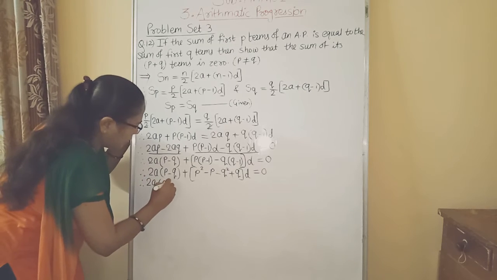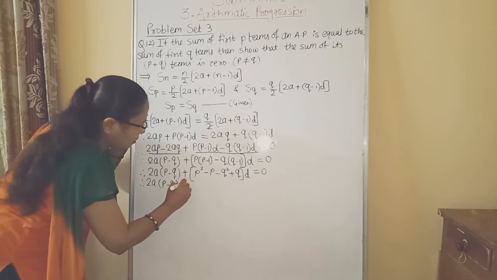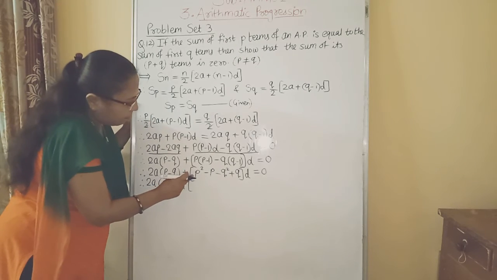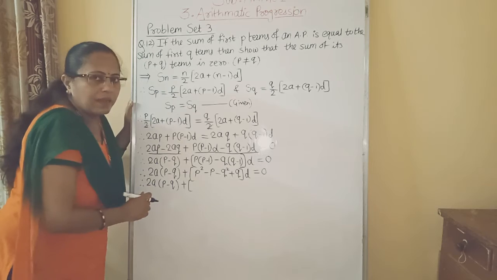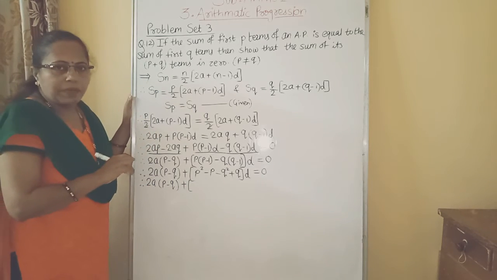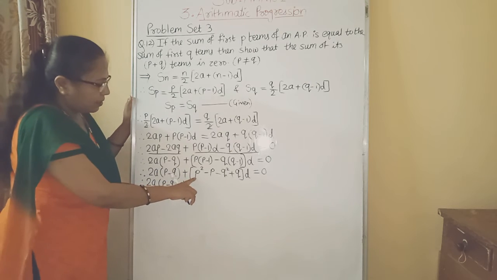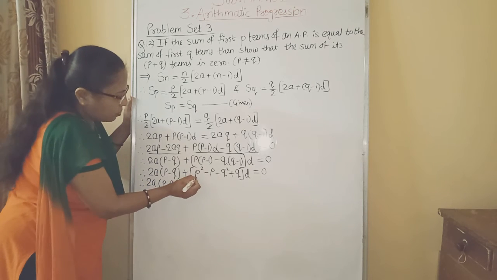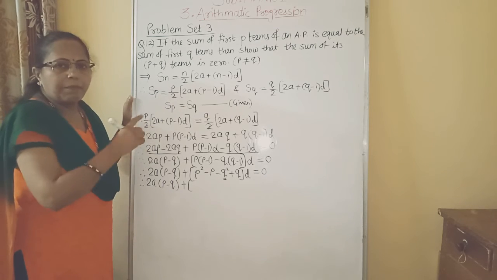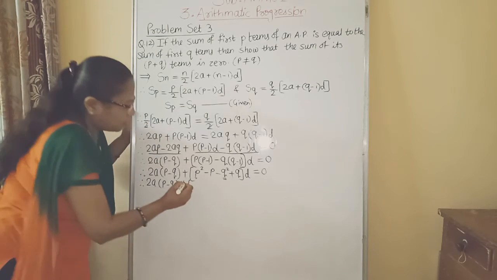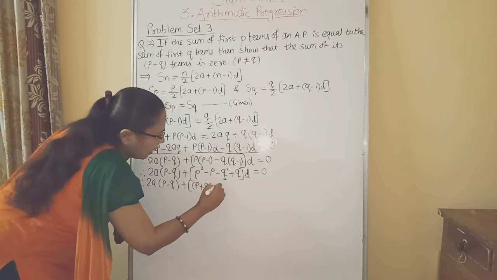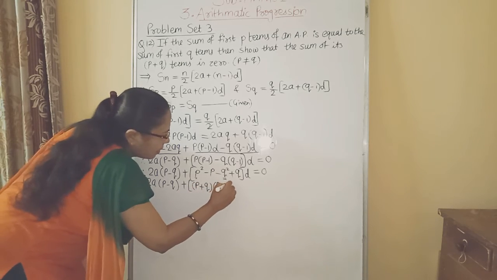2a into bracket p minus q plus, now students, to factorize this we will take p square minus q square together. So what are the factors of p square minus q square? See, p square minus q square, this we will take together, and its factors we will get p plus q into p minus q.